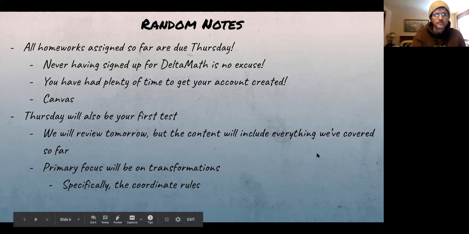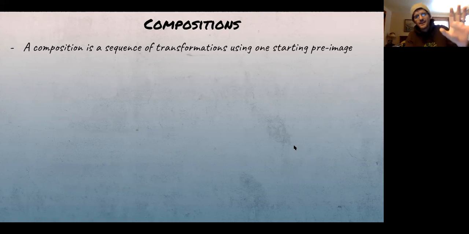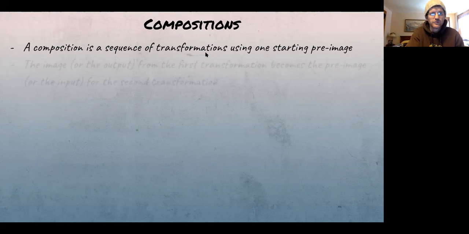Okay. So now moving ahead, we're looking at compositions. This language that I'm about to use might not mean anything to you, but it should make perfect sense when we do some examples. All right, so a composition, I could just summarize it, is a sequence of transformations. We're going to do multiple transformations in a row. That's what a composition is. Pretty straightforward idea.